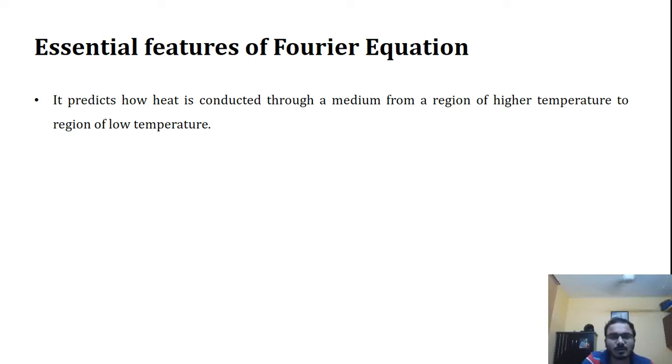So this is a very obvious thing, because this entire Fourier equation gives us the value of Q, which is heat conducted through a medium, and obviously heat will be conducted from the high temperature region to the low temperature region. Now it is valid for all matter regardless of its state. That is, Fourier's equation is applicable for solids, liquids as well as gases.